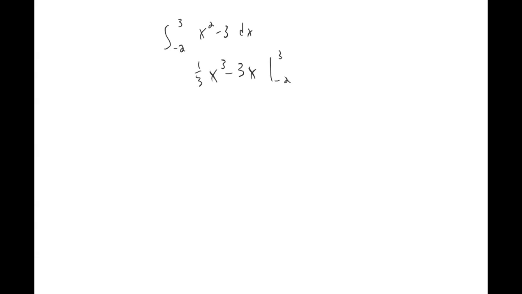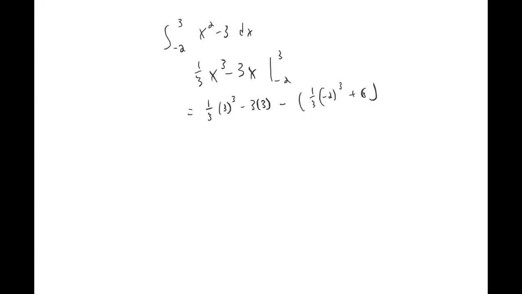Make sure, if this is your first time, that you evaluate at the top and then subtract the bottom. Don't do bottom minus top. So it's 3 cubed over 3 minus 3 times 3, minus, and then you plug in -2, plus 6.